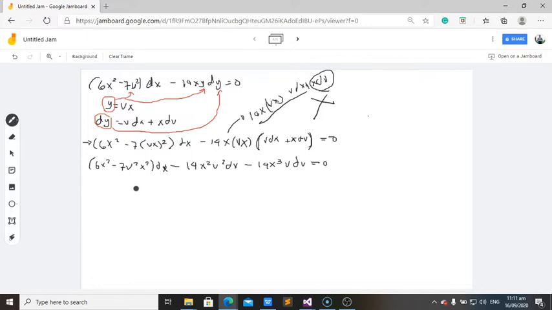So, next thing is to look into unsa may from here, guys, unsa may common nila tanan. Do they have common?